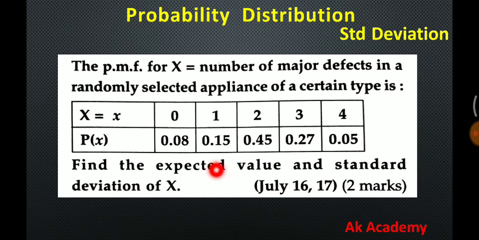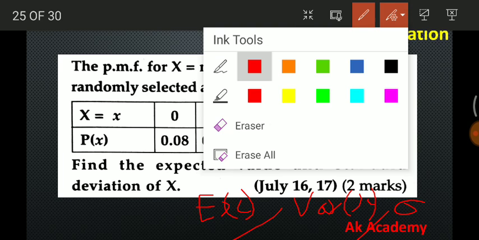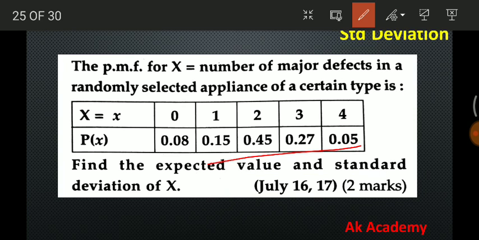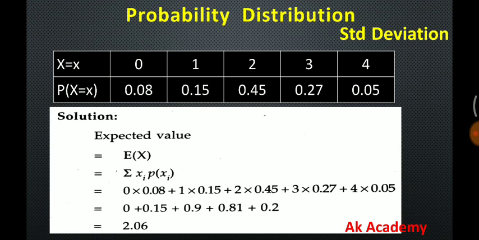So we have to find the expected value E of x, then the variance of x, and sigma. Let's go through the solution.